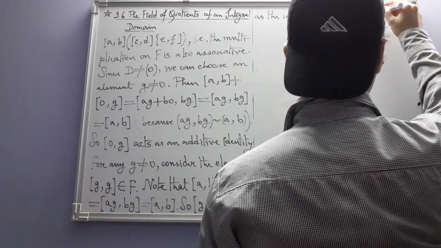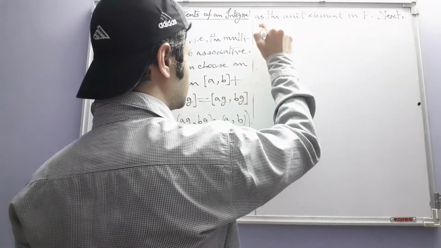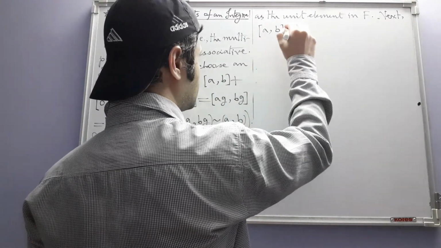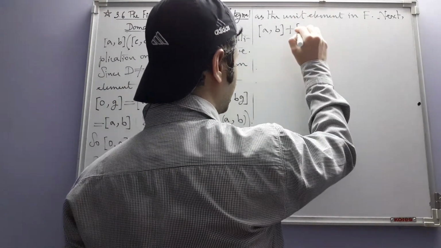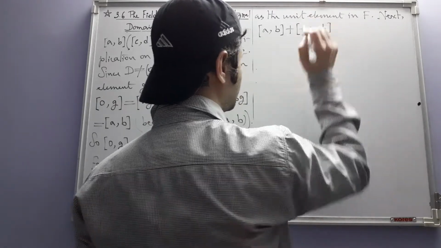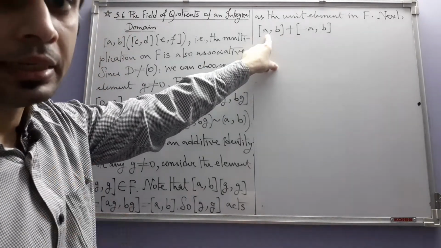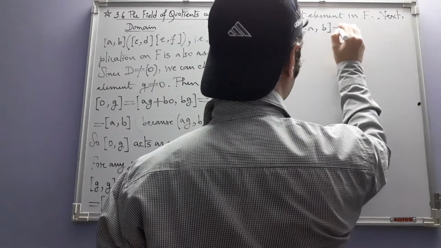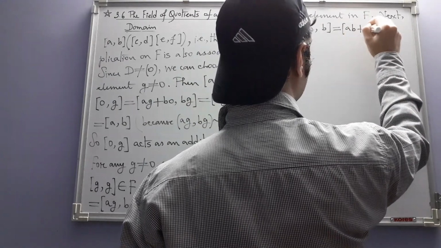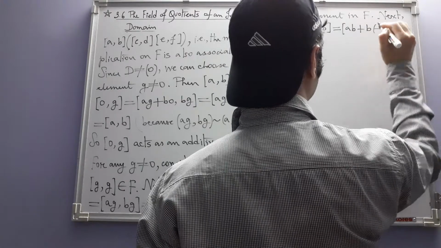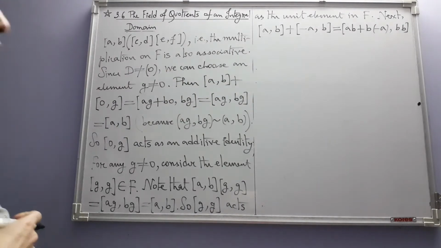Next, look at this one. If with this element I add (minus a, b), where minus a is the additive inverse of the element a in the integral domain, then according to my definition of addition, this is (ab plus b times minus a, bb).